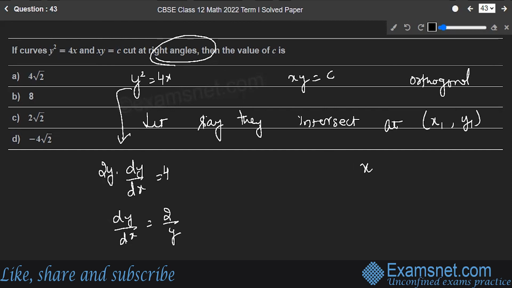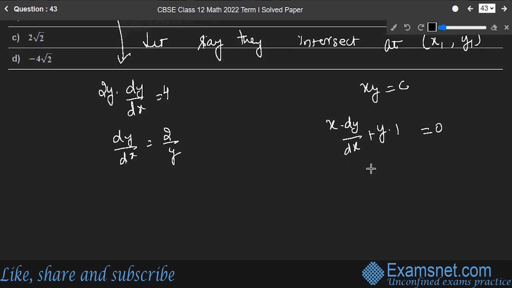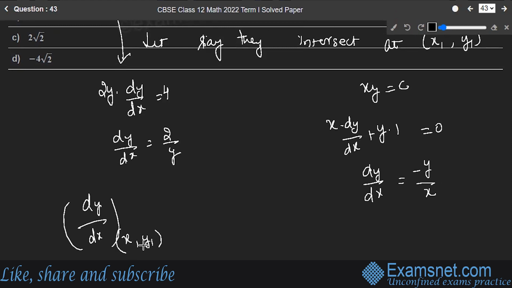Also, you have xy is equal to c. Let's differentiate: first function times derivative of second plus second function times derivative of first. This is equal to 0, or dy by dx is equal to minus y upon x.